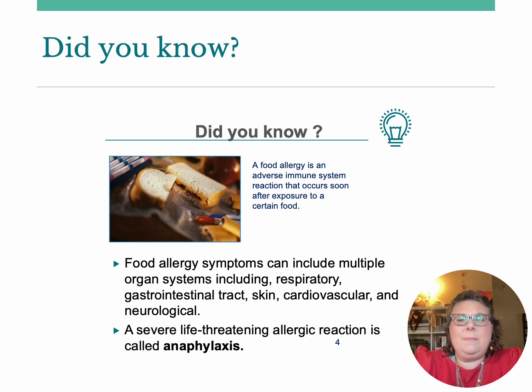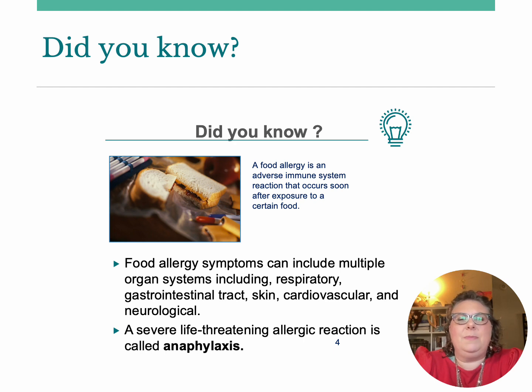There is no treatment to prevent food allergy reactions except strict avoidance of the food allergens. Since avoidance is not always possible, our staff must be prepared to deal with allergic reactions, including anaphylaxis. The recommended first line of treatment for anaphylaxis is the prompt use of epinephrine.